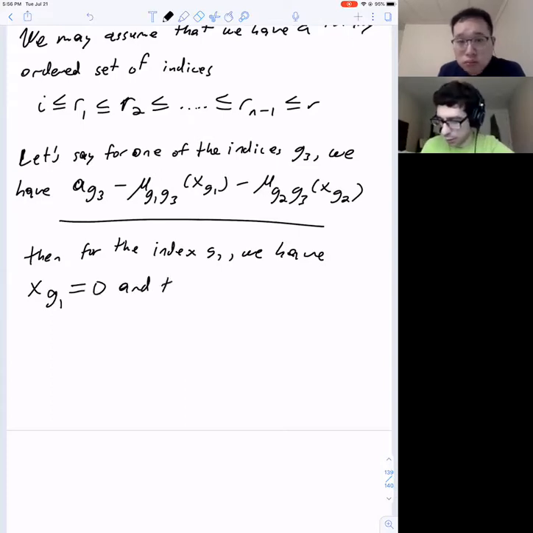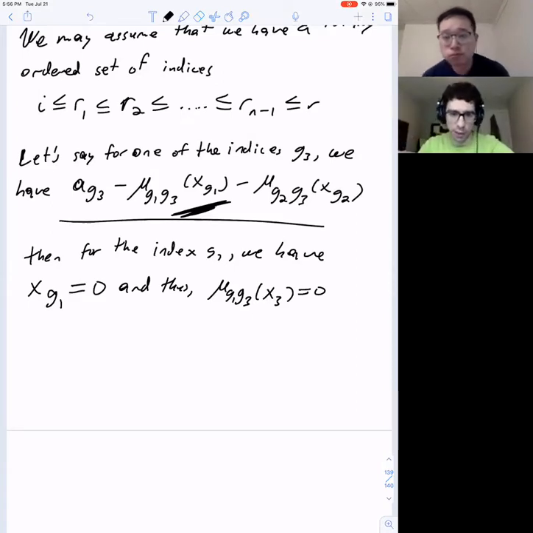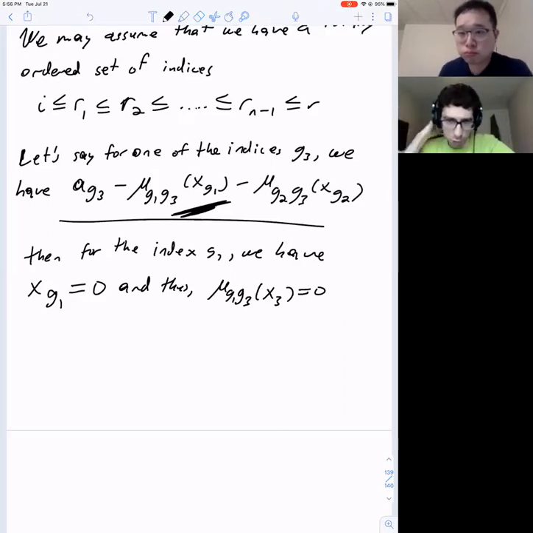And thus we have mu G1, G3 of X3 is 0. And so we don't have to care about this piece. So I made some comments. I'm not going to write everything down. I'll say this is a question of the pigeonhole principle.